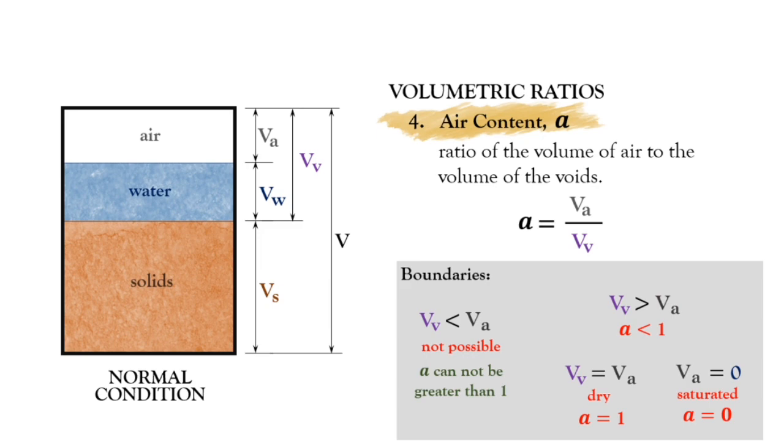So pwedeng maging value ng A is exactly equal to 1 or 0 or somewhere between those values, pero bawal nang lumampas or mag-exceed sa 1. Kaya ang value natin for A, boundary natin for A, greater than or equal to 0 but less than or equal to 1. Halos kaparehas lang siya ng degree of saturation.